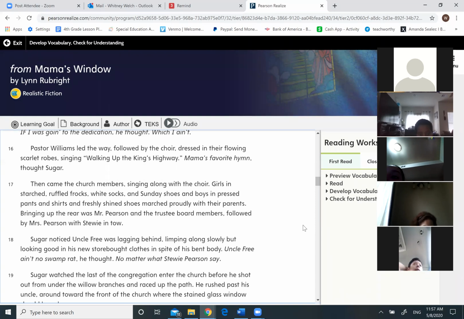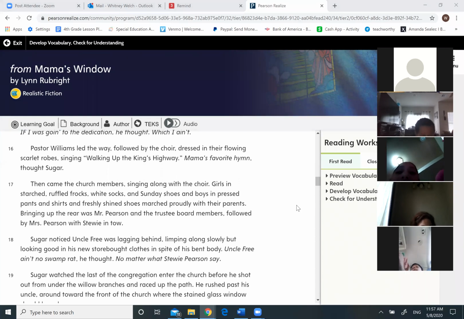So it says, Pastor Williams led the way, followed by the choir, dressed in their flowing scarlet robes, singing Walking Up the King's Highway, Mama's favorite hymn, thought Sugar. So they're painting a picture for us so that we can see in our minds what is happening in the story. They are using very detailed words so that we can see what is happening, right?